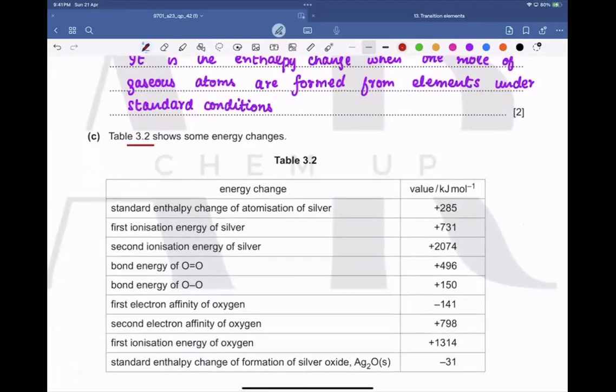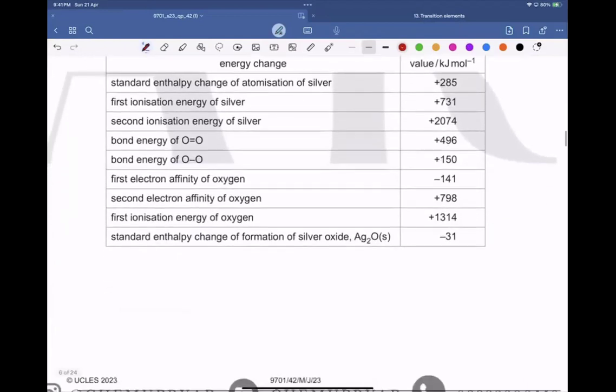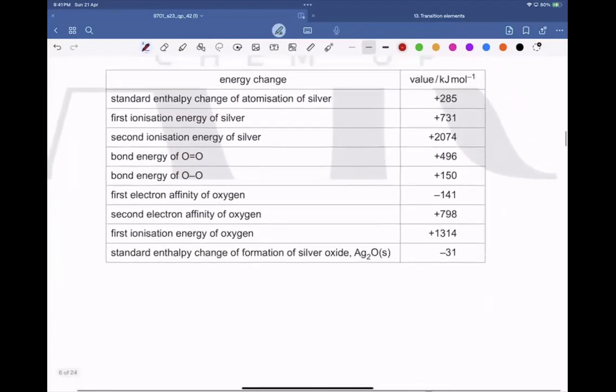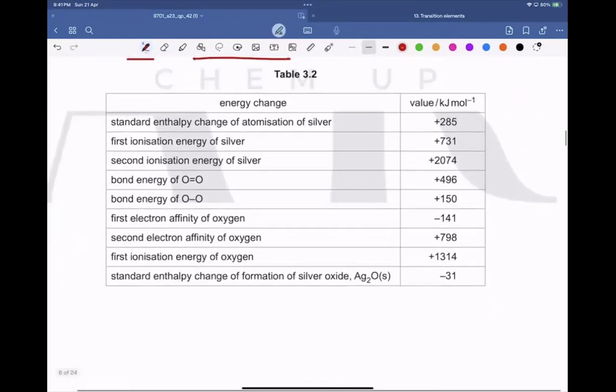Table 3.2 shows some energy changes. Standard enthalpy change of atomization of silver means solid silver to gaseous silver. First ionization energy of silver means when a gaseous silver atom forms a gaseous silver 1 plus ion.